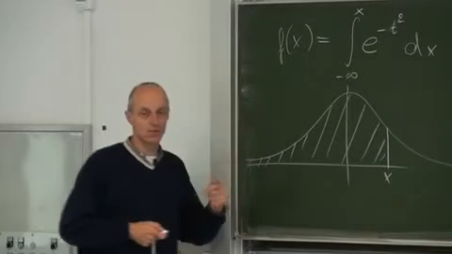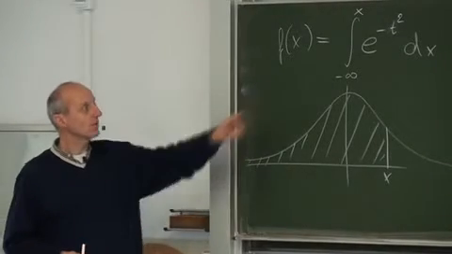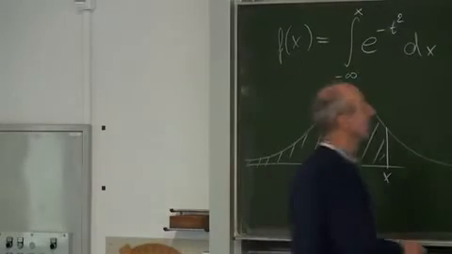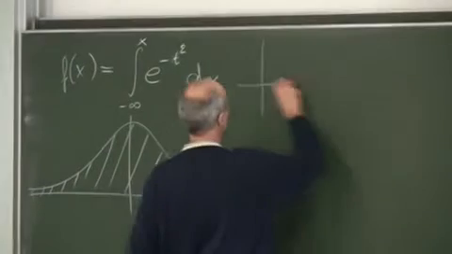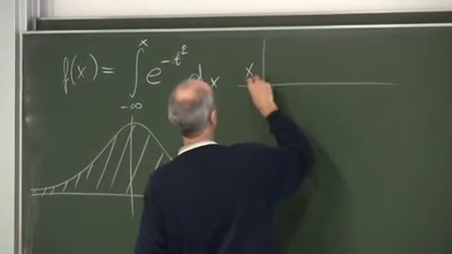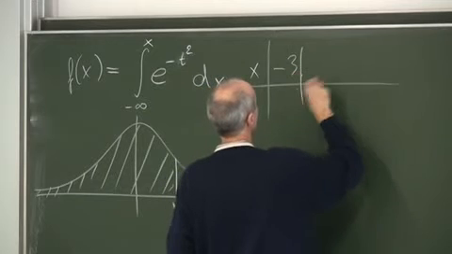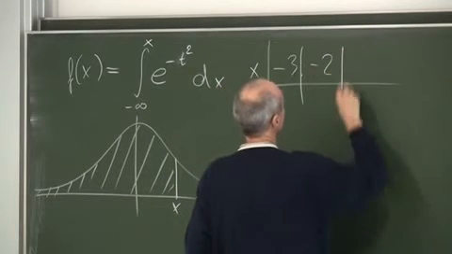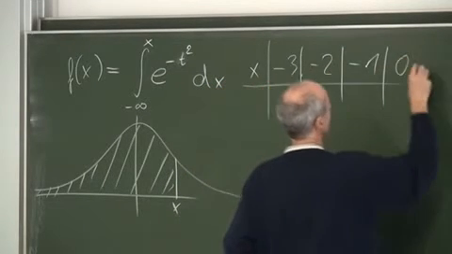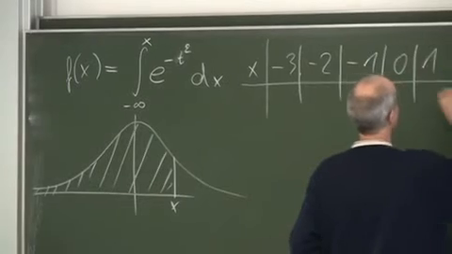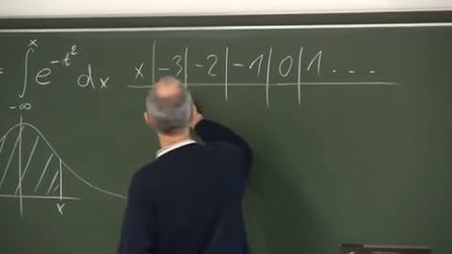And even worse, the only thing you can do is compute a table like x equal to minus 3, minus 2, minus 1, 0, 1, and so on. And you will get some values.